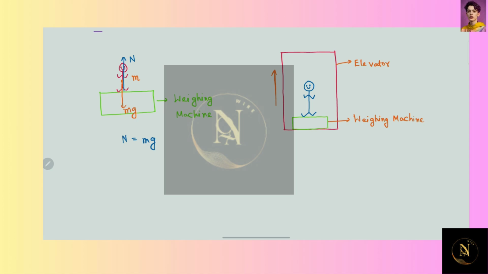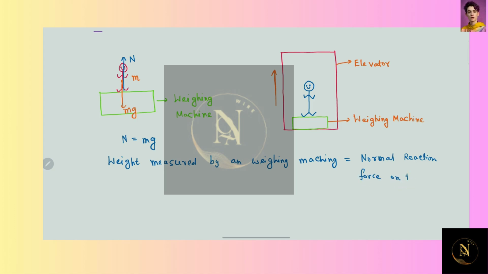So we can say one thing, that the weight measured by a weighing machine is equal to the normal reaction force on the person.